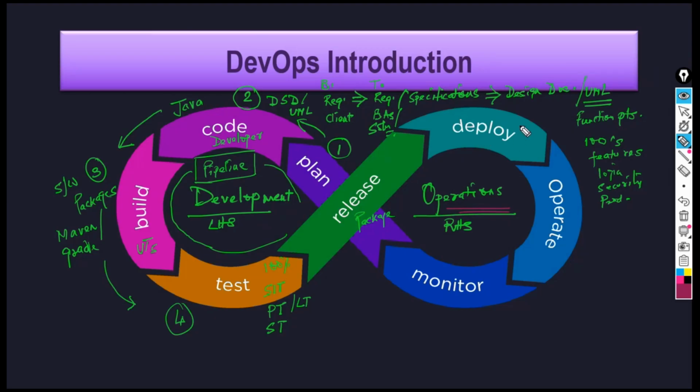Deploy is a very important term in DevOps or automation or in whatever thing in software. You are going to deploy it somewhere. Here some very important tools will come into the picture. Docker, Kubernetes.